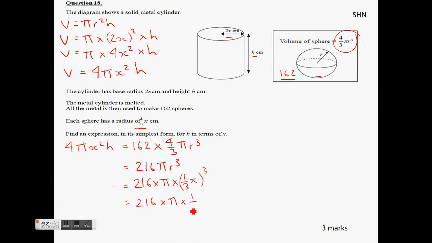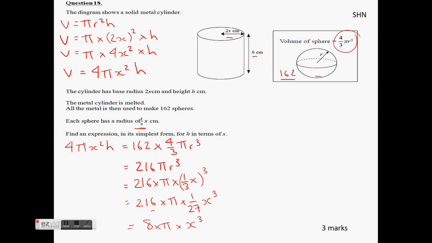So you end up with 1 over 27 times by x times x times x, which is x cubed. Okay, and then likewise with the fraction and 216 at the top over here, what we're going to do is just try and simplify that. So 216 times by the 1 over 27, that's just dividing by 27, and that will give us 8. So we can then just say that's going to be 8 times pi times x cubed, and that will be an expression for 162 of these spheres.